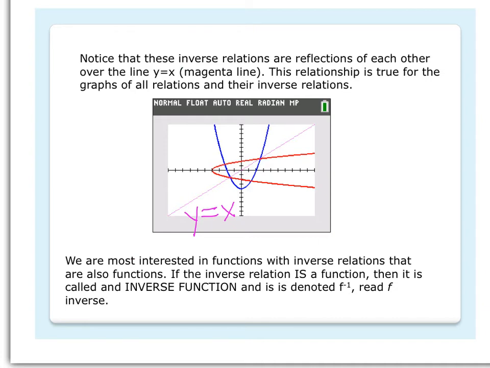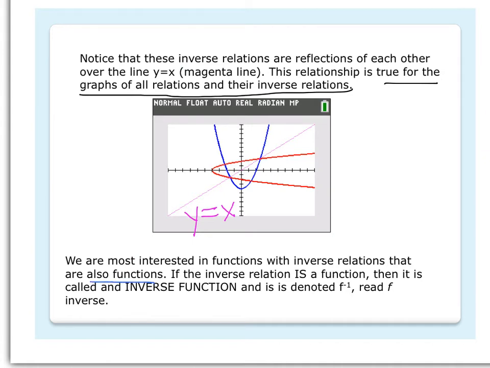Now, this relationship is true for all graphs of relations and their inverse relations. So if two relations are inverses of one another, then if you graph both of those relations, they should be reflections over the line y equals x. Now, we are most interested in functions with inverse relations that are also functions.